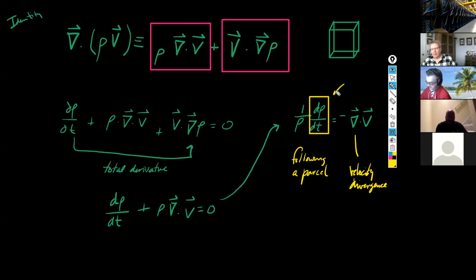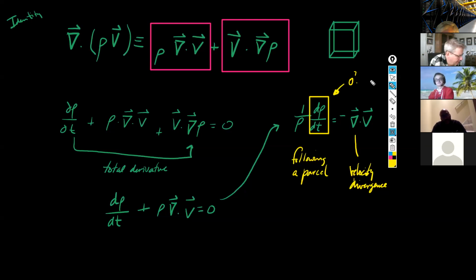Is this term 0? Is that term 0? What kind of a parcel is this?